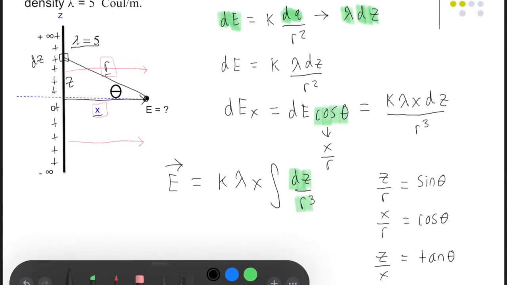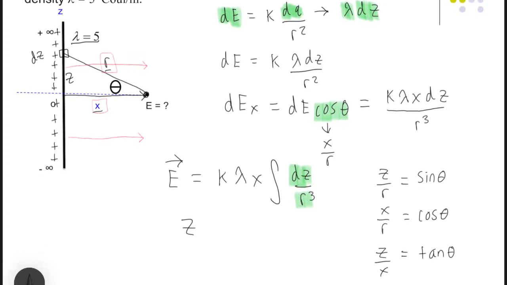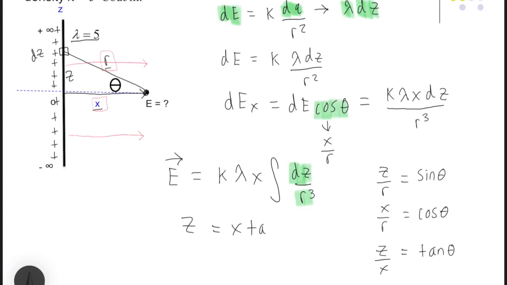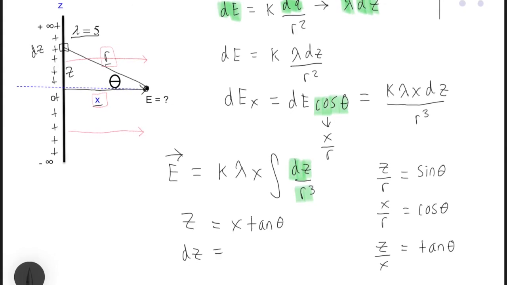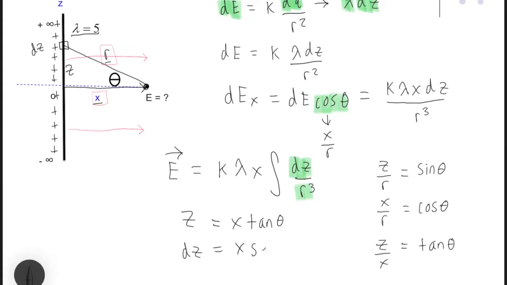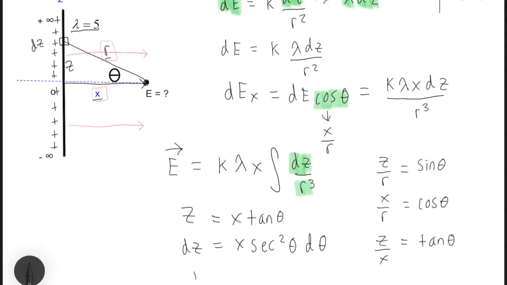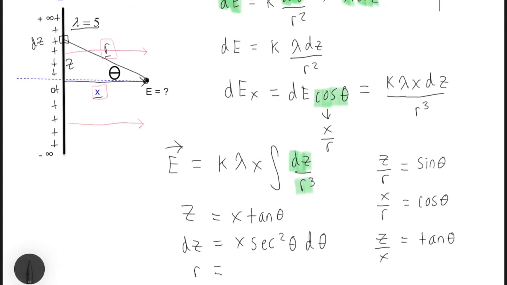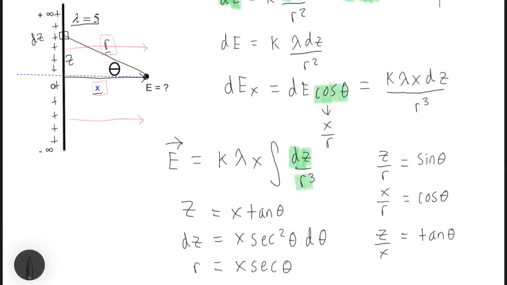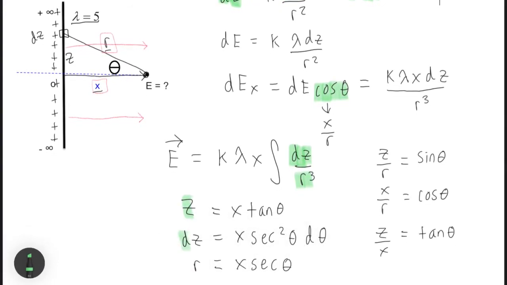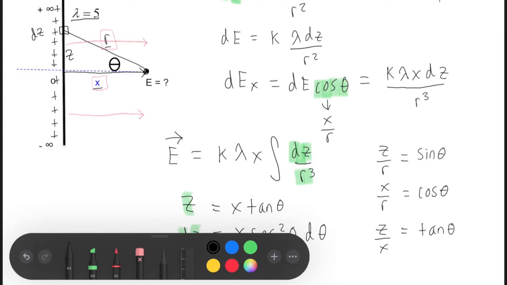So z is equal to x times tangent theta. Our dz, the derivative of z, will be x secant squared theta d theta. And our r will be x secant theta. We're just using basic trig to solve for all of these. So we have our z, our dz, and our r, and we can plug that into our equation.